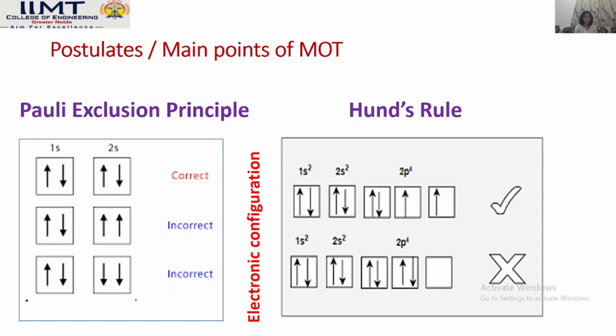Hund's rule states that pairing of electrons does not take place until all the atomic or molecular orbitals are singly occupied, as shown in the figure.